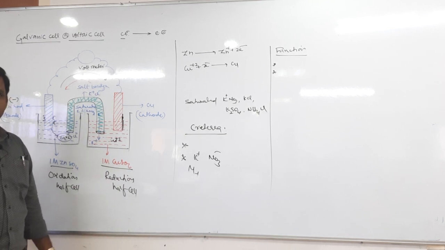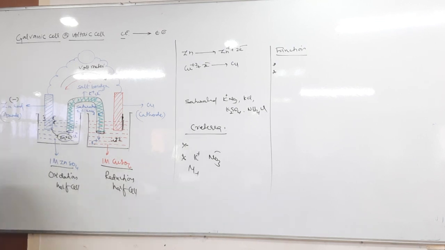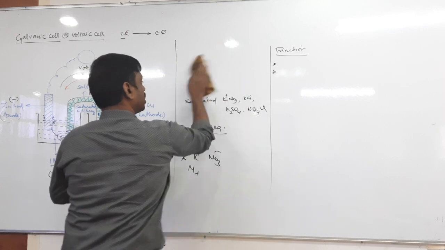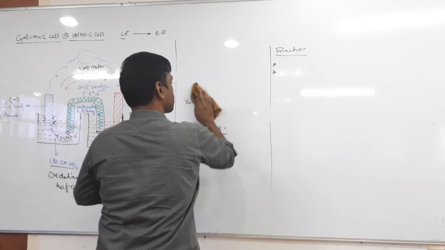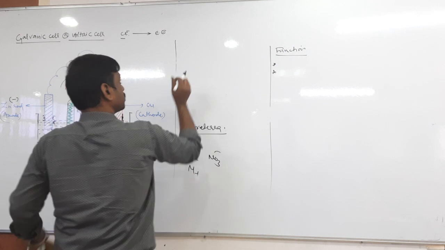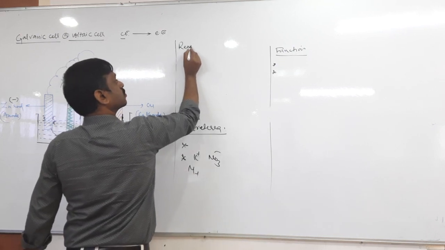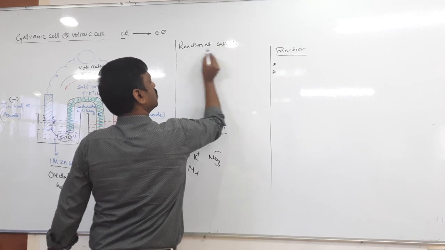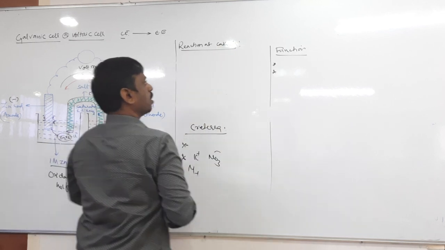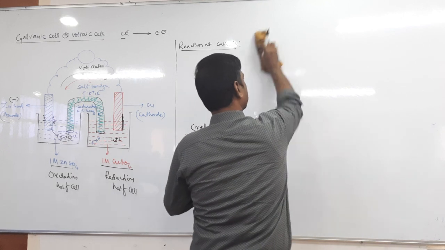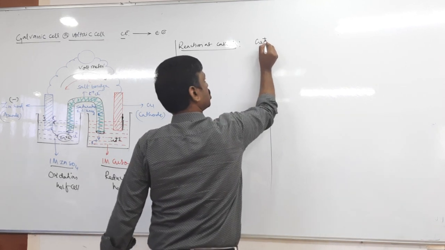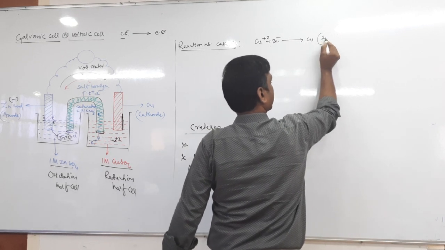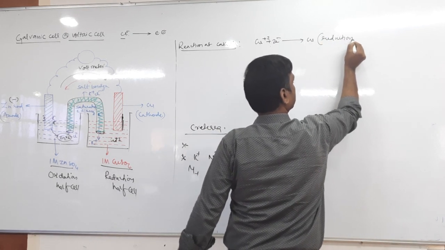Okay, and next finally, what is the reaction at cathode and anode, and the cell reaction? Tell me, what is the reaction at cathode? Come on, tell me. At cathode reduction takes place, no? Cu2+ plus 2 electrons gives rise to Cu. At cathode always reduction.